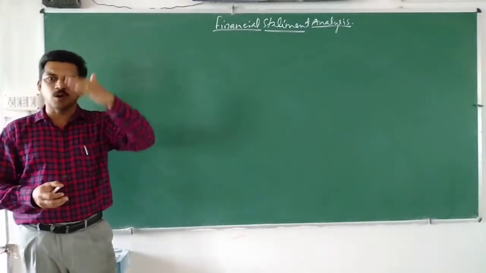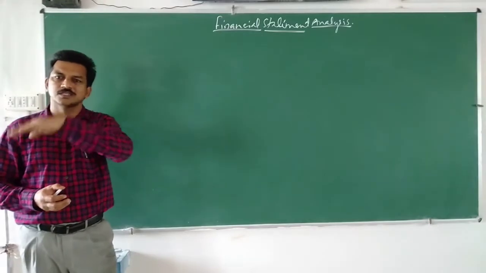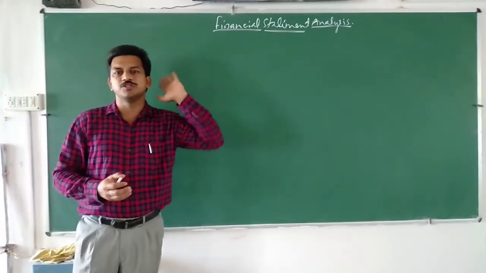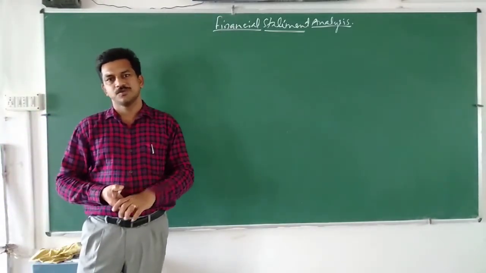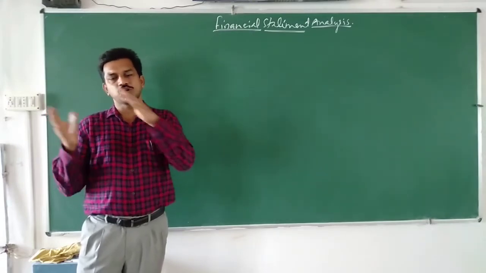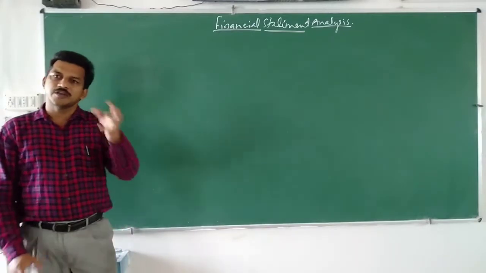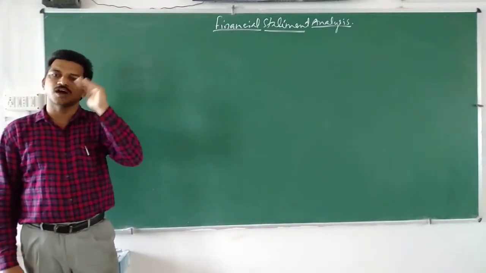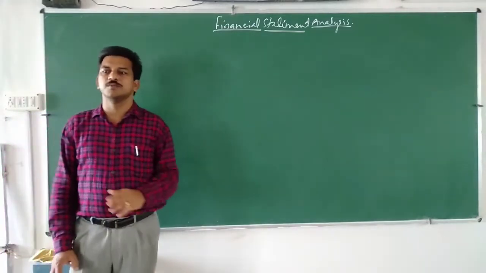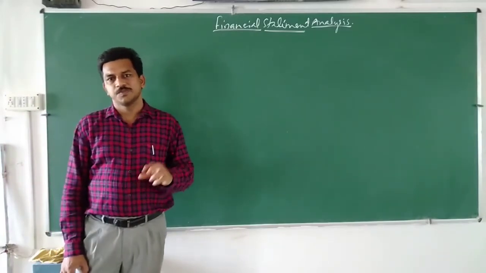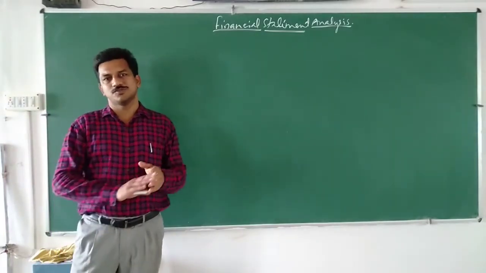Or we can compare the total of current assets with the total of current liabilities of the same balance sheet, and find out what percentage of current assets is covered by current liabilities. So that is a type of analysis.